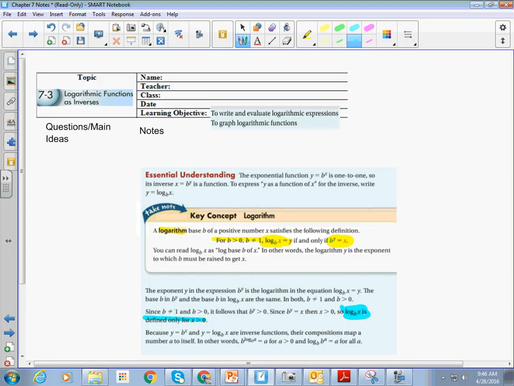And if you have log base b of b to the a power, it's equal to a. So I want you to write those down as well, this here and this here. Let me pause it so we can. I'm going to write it down on the board as well.